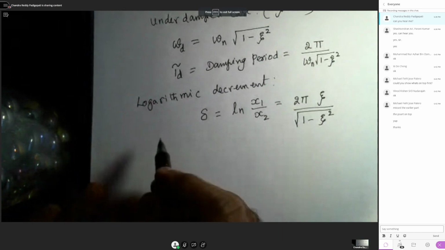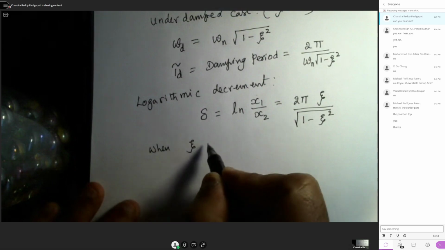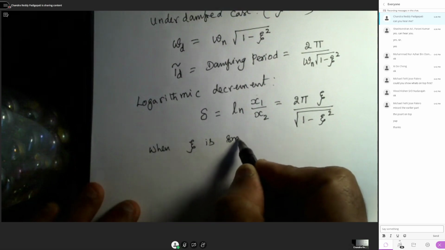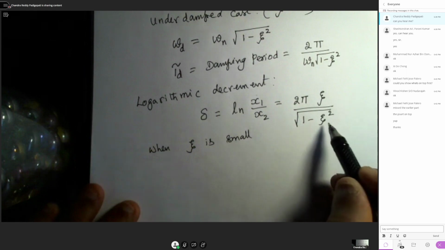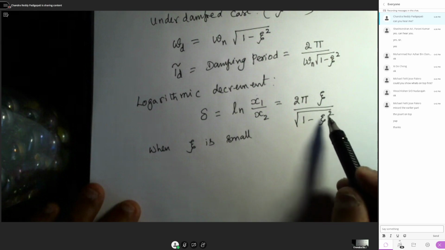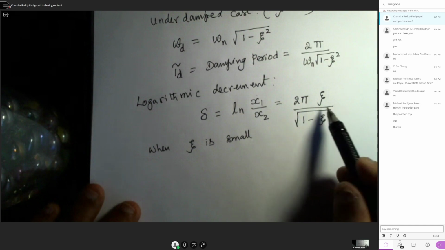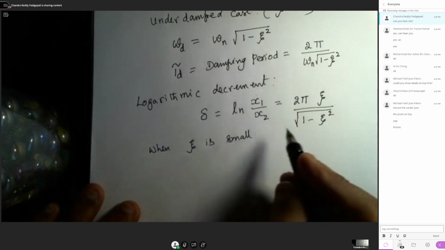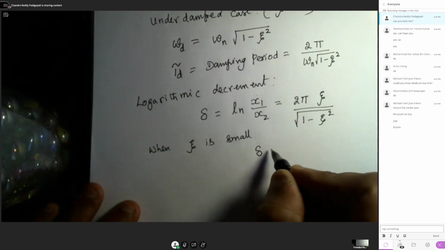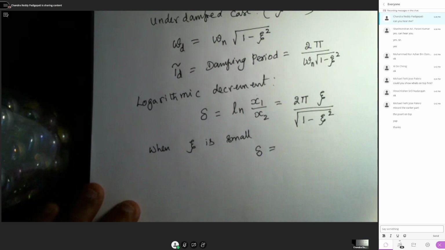We can also write, when the damping ratio is small, when eta is small, the square root of 1 minus eta square will be very close to 1. When eta is small, eta square will be much smaller. So if you take 1 minus that and then the square root, we can basically equate the square root of 1 minus eta square as 1.